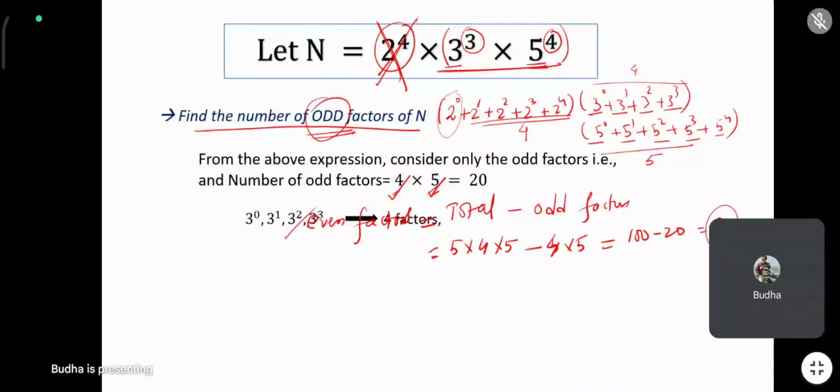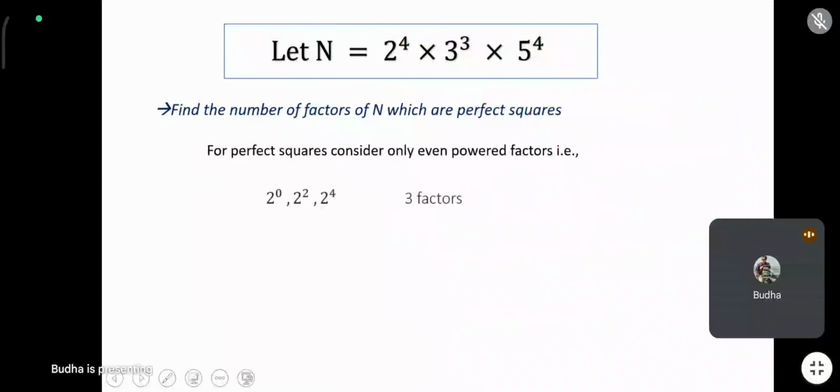Now what if I say, find the numbers which are perfect squares? Out of those 100 factors, we have seen 100 factors, figure out how many of them are perfect squares. For perfect squares you consider the power of 2. You remember, I wrote 2 raised to 0, 2 raised to 1, 2 square and so on.